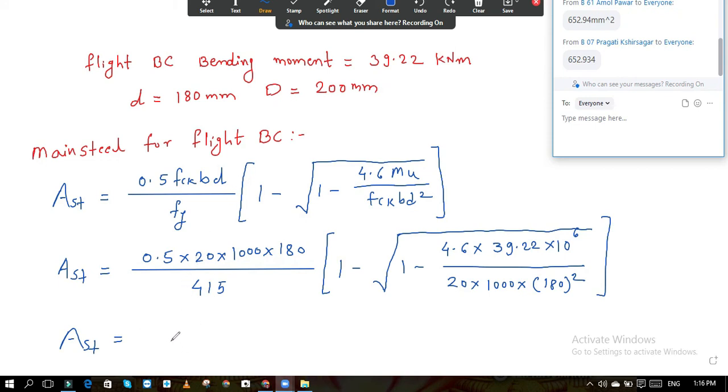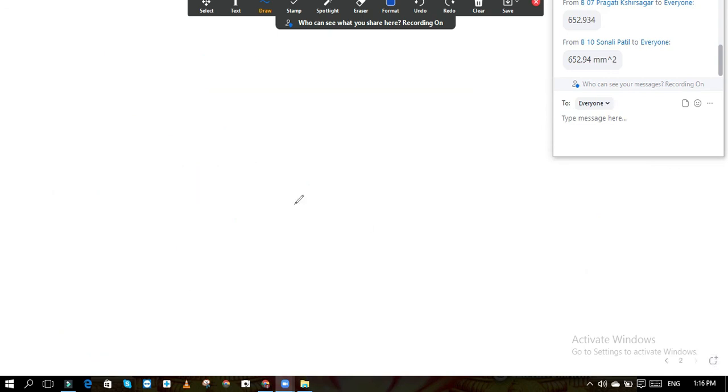652.94 mm square. So this is the answer. Now calculate the number of bars. Number of bars is equal to 652.94, the total Ast, divided by the area of a single bar, pi by 4 into 10 squared, as we have assumed bar diameter 10.